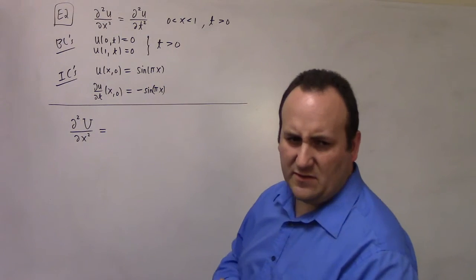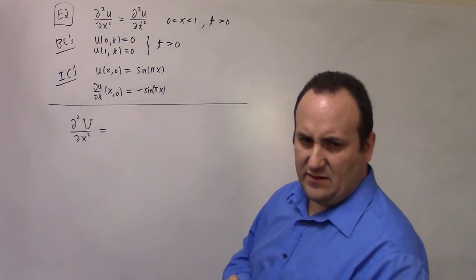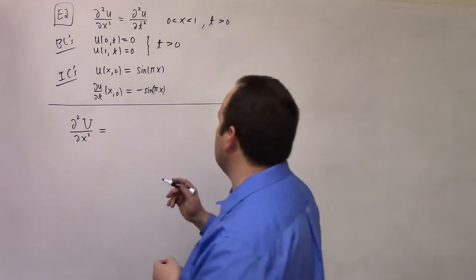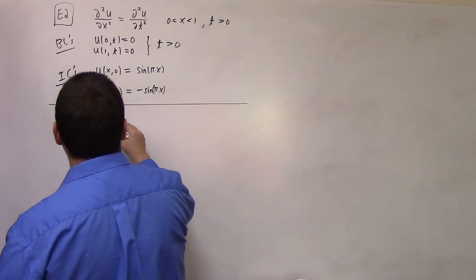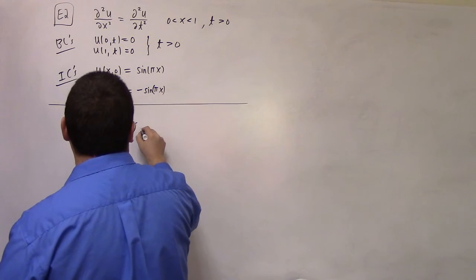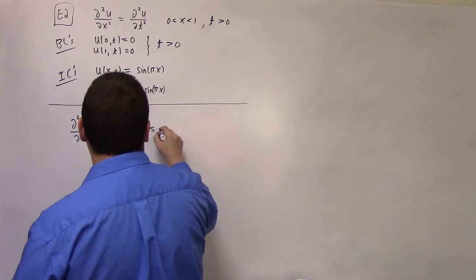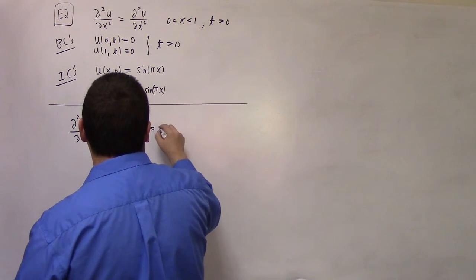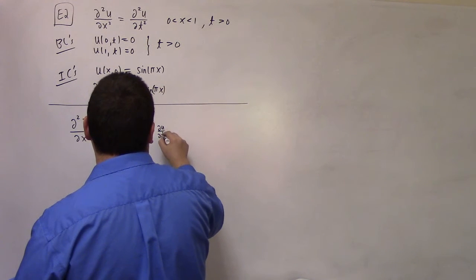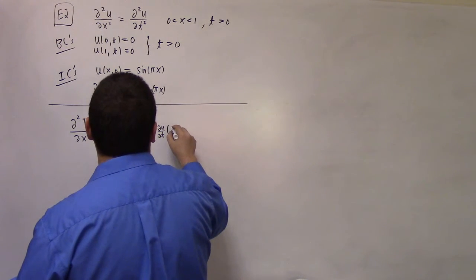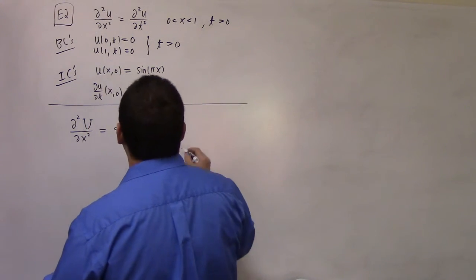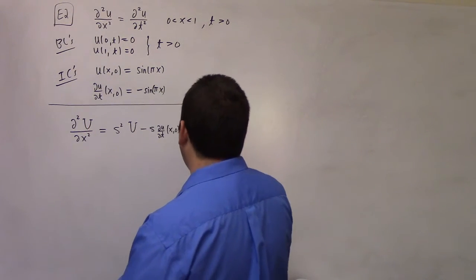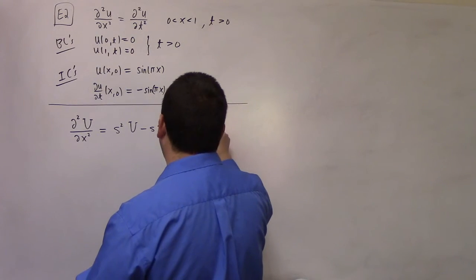It's minuses on everything but the first term, so it's s squared big U minus s times u_t of x comma 0, and then minus u of x comma 0.